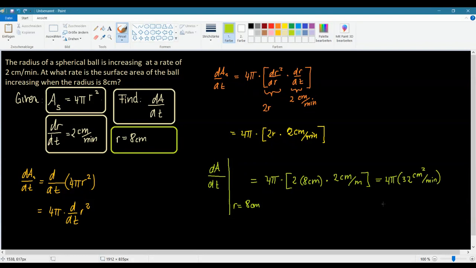And our final solution, we're going to multiply that by 4 and leave the pi out, and 4 times 32 is 128, so we're going to end up with 128 pi centimeters squared per minute. That is the change in the area over the change in time when the radius is 8 centimeters of a spherical ball.